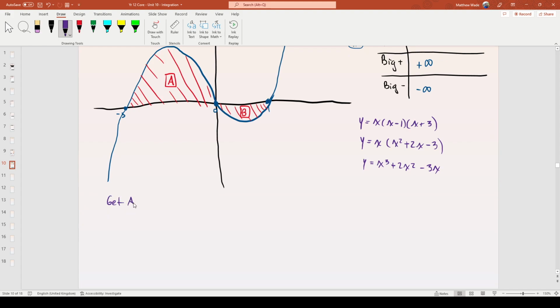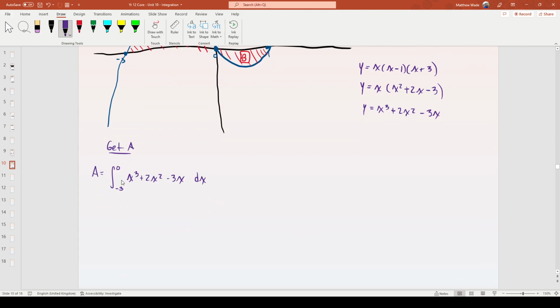Get A. Right. So for A, guys, A is going to equal the integral, and we're going between -3 and 0. Not all the way, because don't forget, if I went all the way from -3 to 1, I'd get some negative areas in, which will cancel out, which is wrong. So it's the integral of this function, x cubed plus 2x squared minus 3x dx, because it doesn't make sense without the dx, and that's what we got.